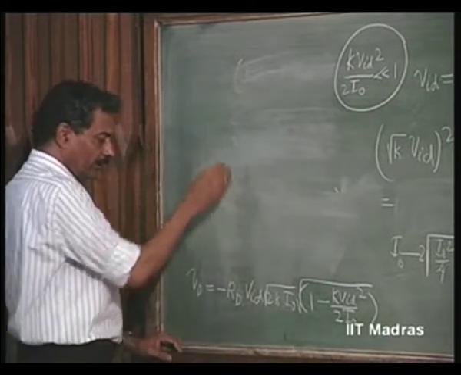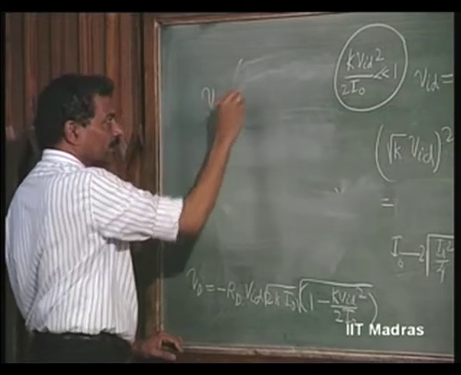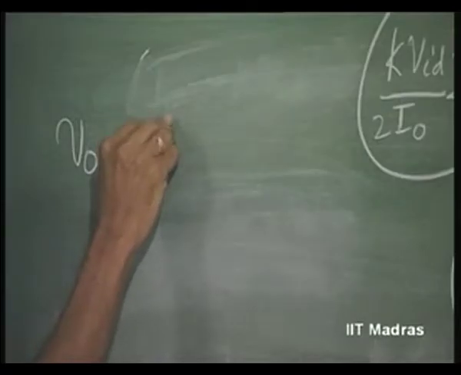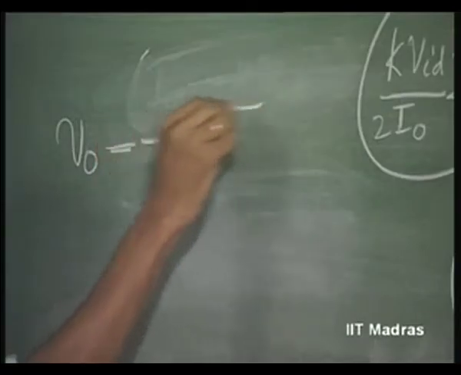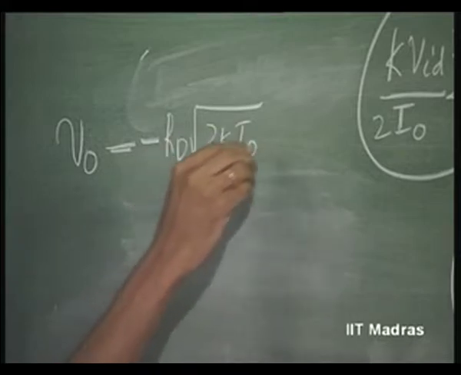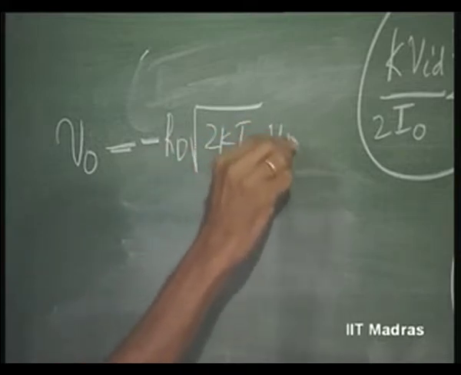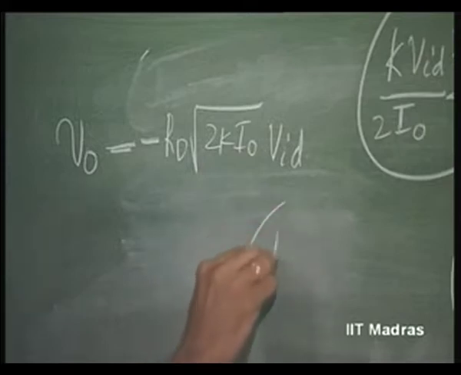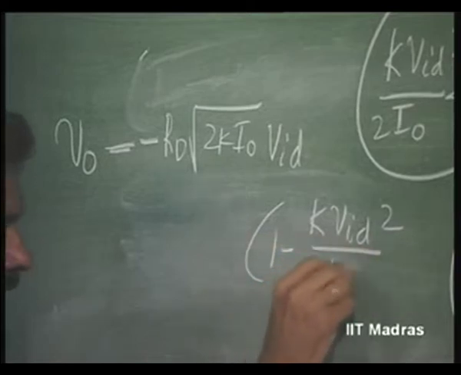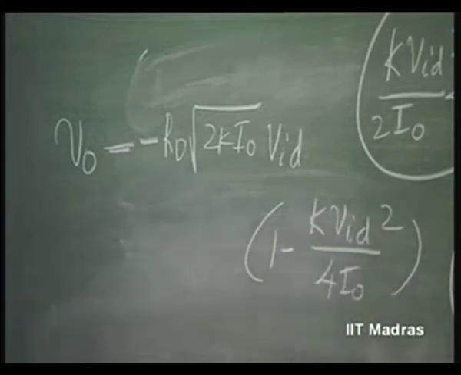So, square root of this, therefore, approximation under this assumption V naught is equal to minus Rd root of 2k I naught into VID into 1 minus k VID squared divided by 4 I naught. Square root is gone. Okay.